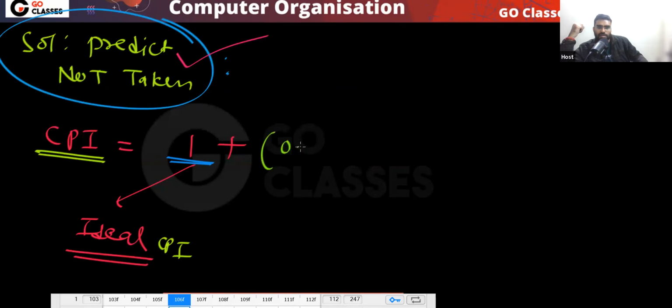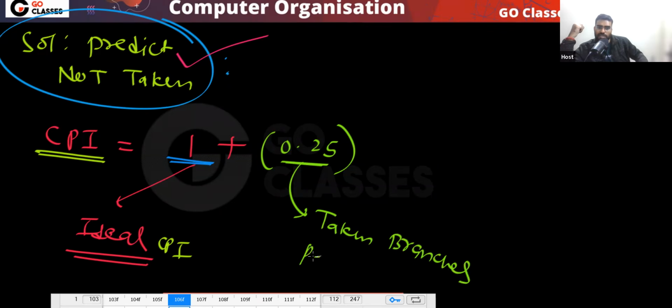But you can notice that this many are the taken branches per instruction, and each taken branch gives you 5 stalls.